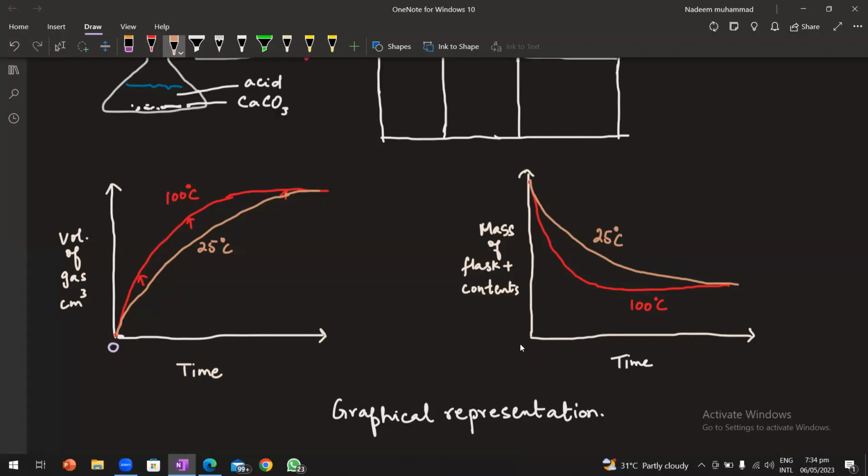So in this question, you can plan the experiment.